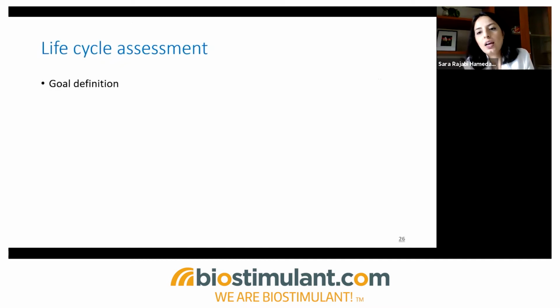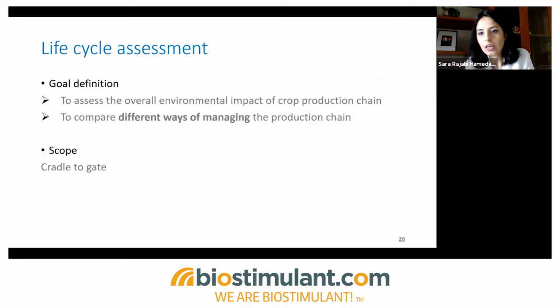So the goal of this study is to assess the overall environmental impact of the crop production chain. Here, the environmental impact is global warming potential. And this study is a comparative study to identify optimum farming management for different crops.